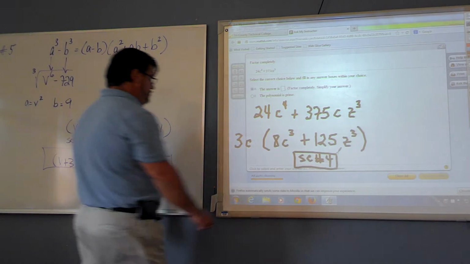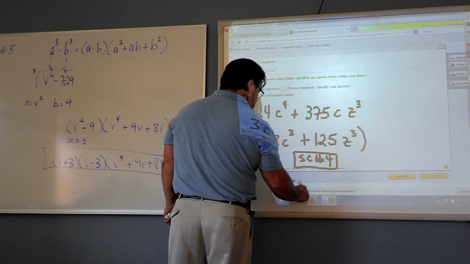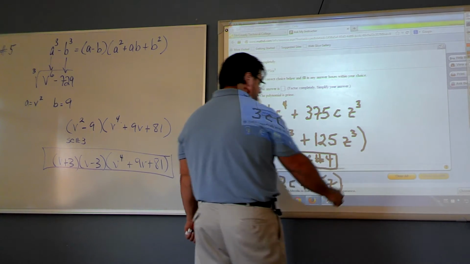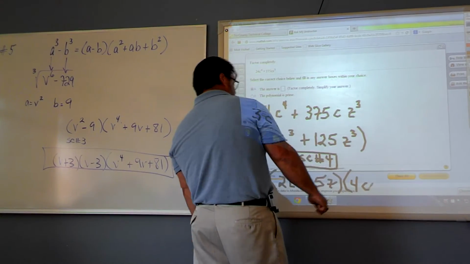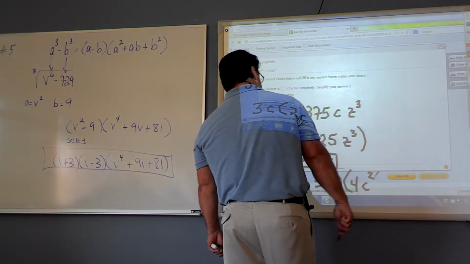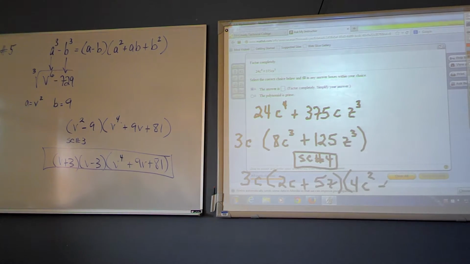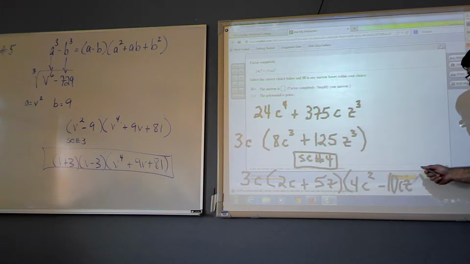And then that's gonna give you 3c times (2c plus 5z) times (4c squared minus 10cz plus 25z squared).